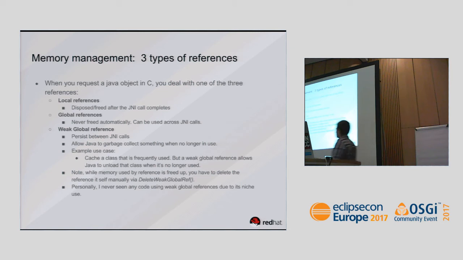Basically, if you create a Java object in C, but you would like Java to handle the memory garbage collection for you, you create a Java object with a weak global reference. It's commonly used to cache Java objects as you work with them. That way you don't have to worry about freeing them up. Hint, hint.